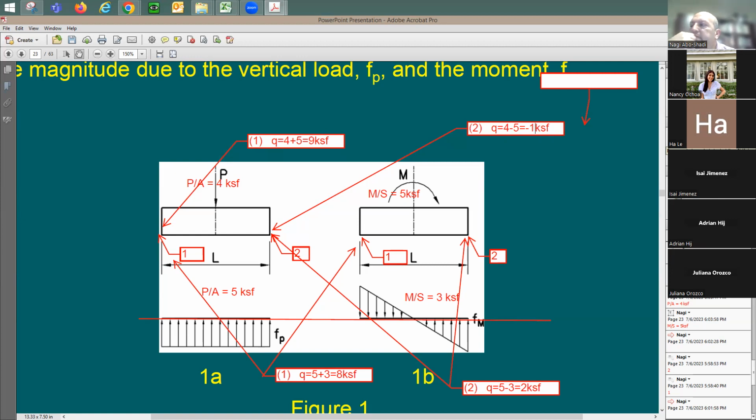Elias? It's going to be tension. Now the question is, can you have tension on the soil? Can the soil take tension? It cannot. Can the soil take tension?